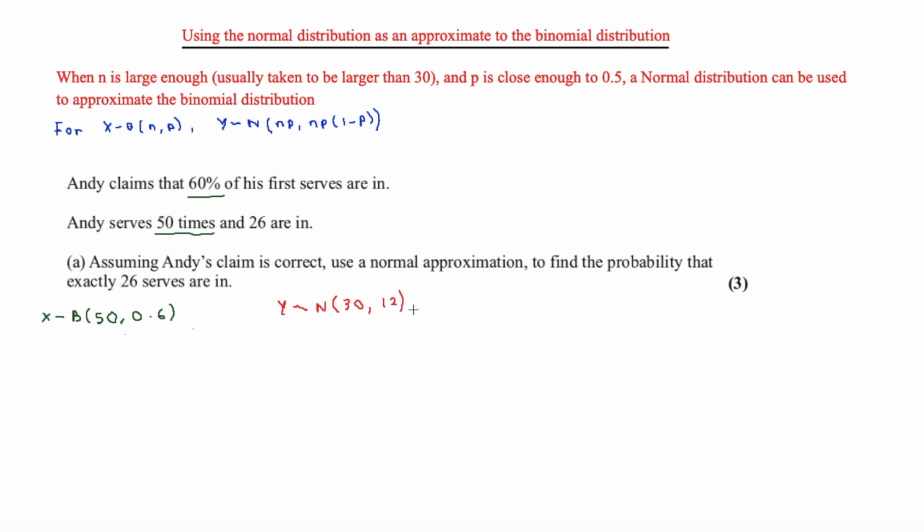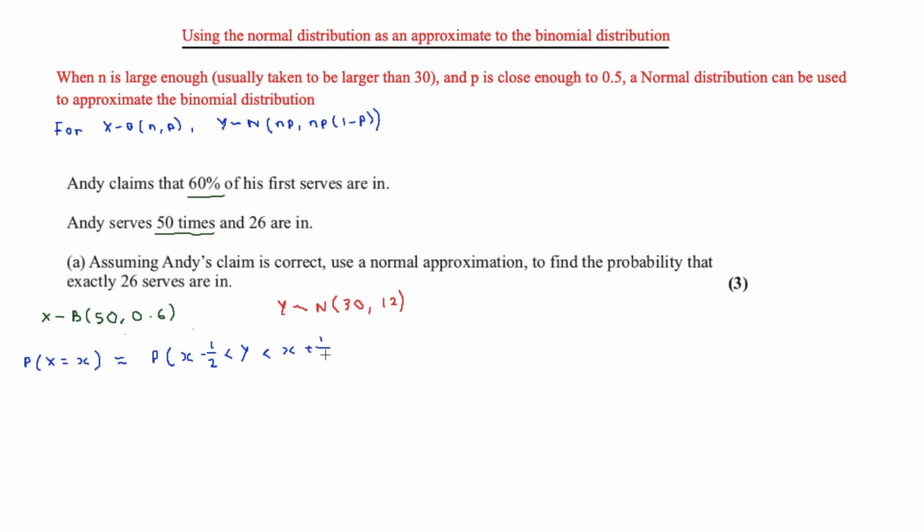Now when we are approximating the binomial by the normal, you have to use a continuity correction. So this means that in this case, the probability of X equal to x is going to be roughly equal to the probability of x minus a half, less than y, less than x plus a half.